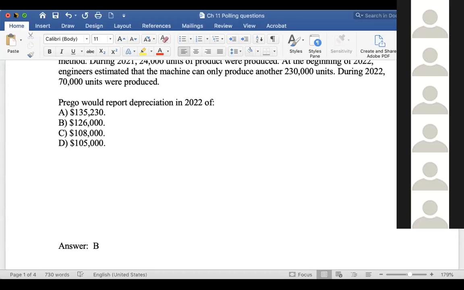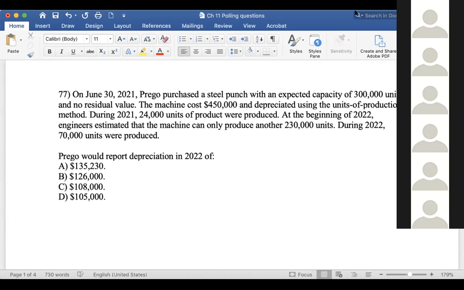Let me bring the problem back up. So we had 450,000 as the cost of the machine. What was the depreciable base?